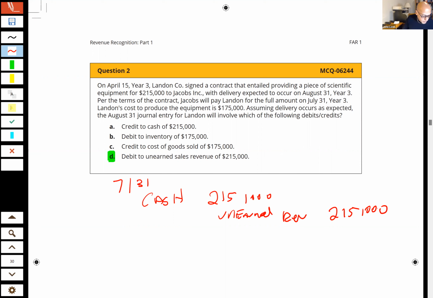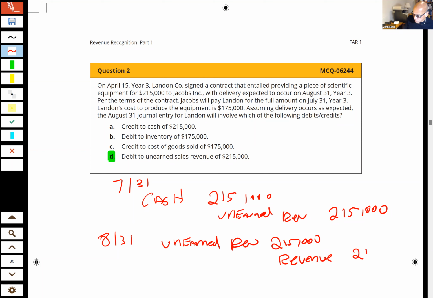Then on 8/31, I actually deliver per the contract. At that point in time, can I take the revenue if I've delivered on the contract? I'll debit unearned revenue 215 and credit sales revenue for 215.